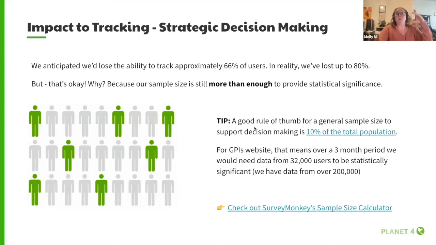Where this will be a larger issue is NROs with lower traffic than Greenpeace International's website. So I would recommend taking a look at a sample size calculator to understand, based on the amount of users that you've had before this is implemented, how many do you need in order to be able to understand how users use your website.